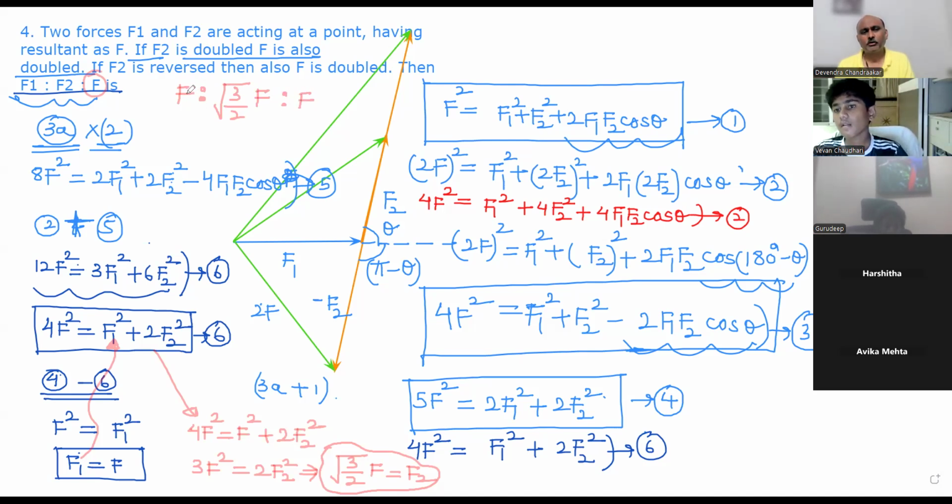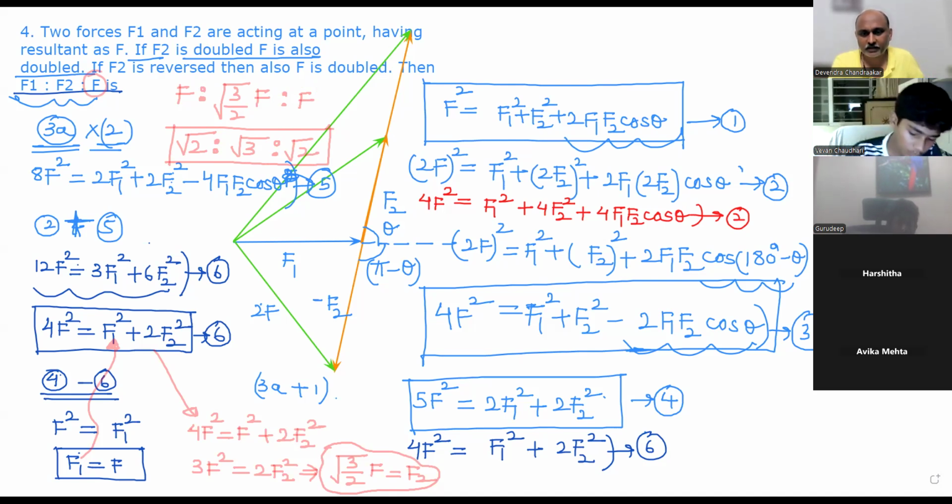Common if you want to take, take √2 common from here, you will get √2 is to √3 is to √2. This is the answer. I hope all of you understood this. Yes or no? Yes, sir, understood it.